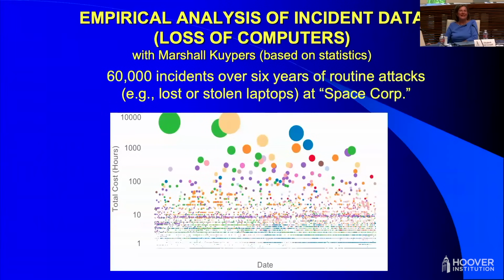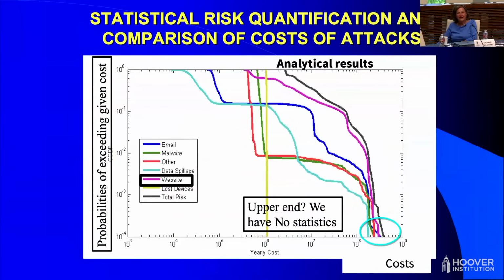So this is an empirical analysis. They gave us all the incident data over a time axis, the number of hours that it took to analyze each of those. And you can see at the top some really nasty stuff, at the bottom very, very mild incidents. Here I'm fixing on the website.